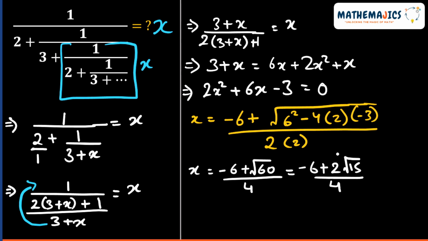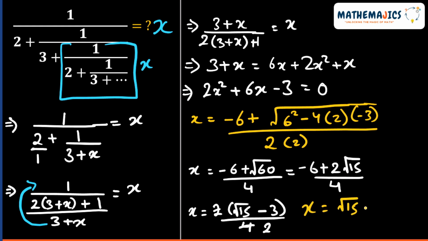Now 2 can be taken common from both the terms in the numerator, and we will get x as 2 under root 15 minus 3 upon 4. Now we can cancel out 2 and 4. So the final value of x that we need to find is root 15 minus 3 upon 2.